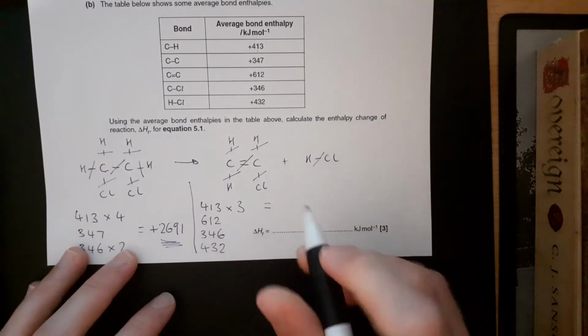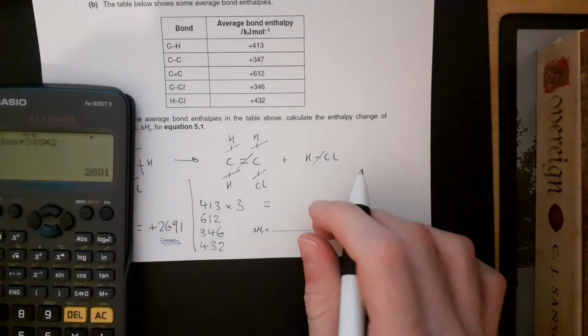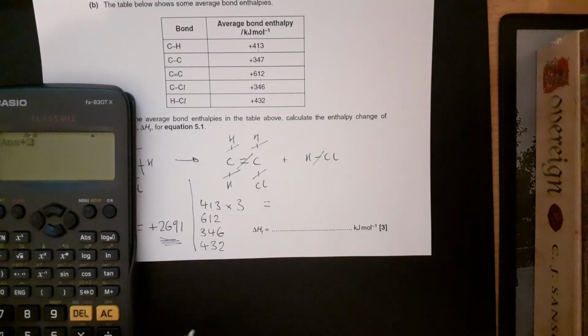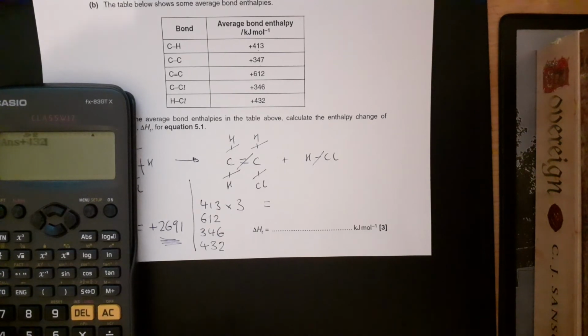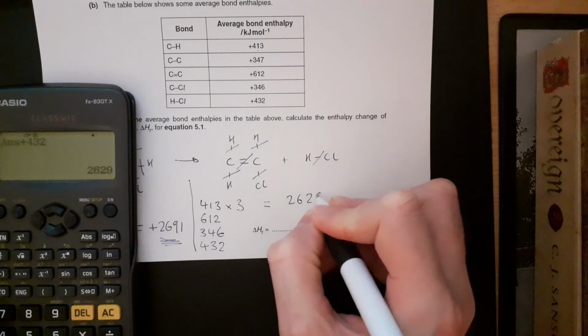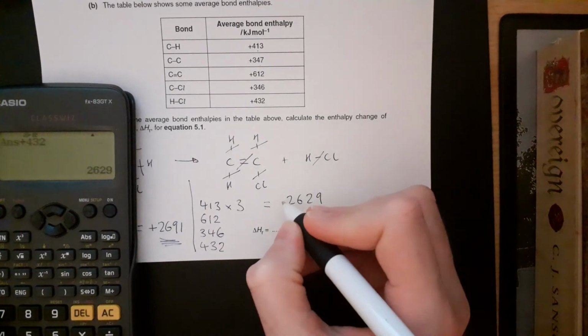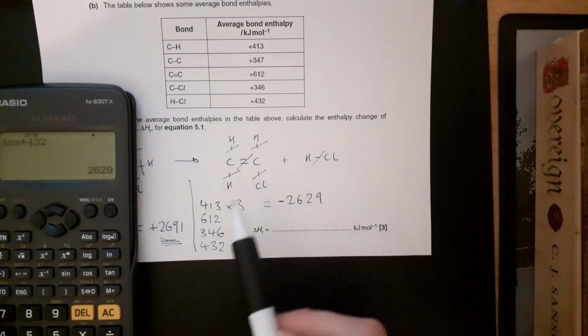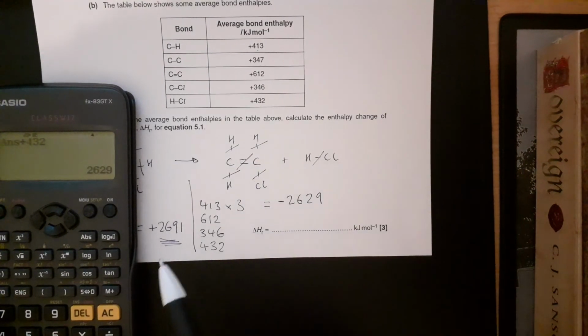So all of that lot together is 413 times 3 plus 612 plus 346 plus 432. And this is 2629. And that's going to be a negative number because these are all the bonds being formed. That's going to release energy.